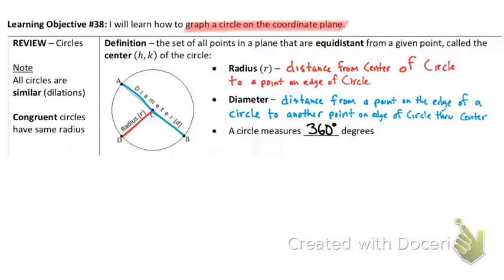Now, if we take a peek at the definition of the circle, when we have the center of the circle and we are graphing, the center of the circle is going to be a point. And that point is going to be called H, K. So if you recall graphing, when we graph a point, our first guy is the X coordinate, our second guy is the Y coordinate.